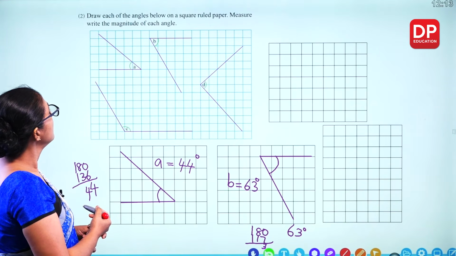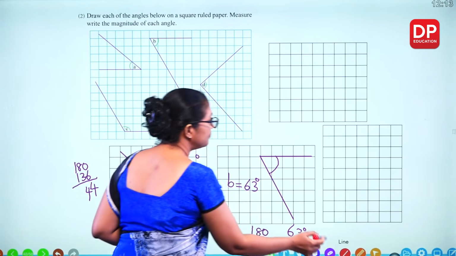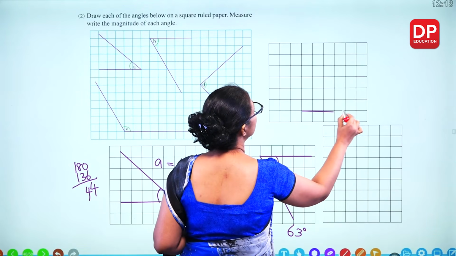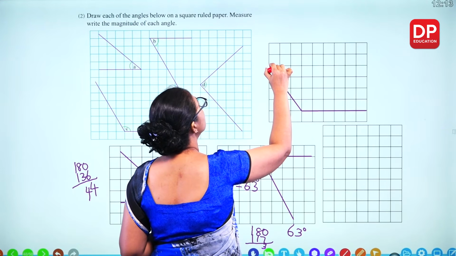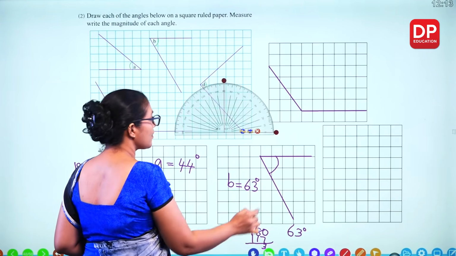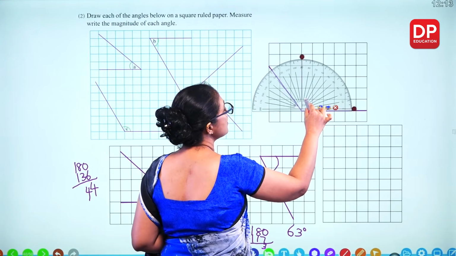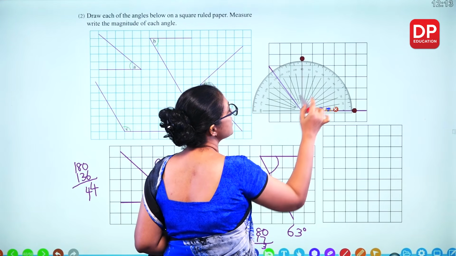Then the C angle is an obtuse angle. Somewhere here. I'll take this angle and measure. Take the protractor and measure the C angle. That's an obtuse angle, more than 90 degrees.